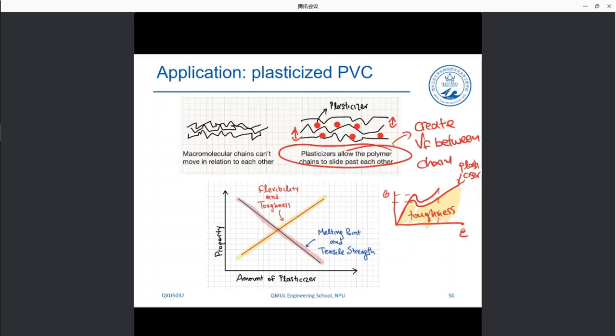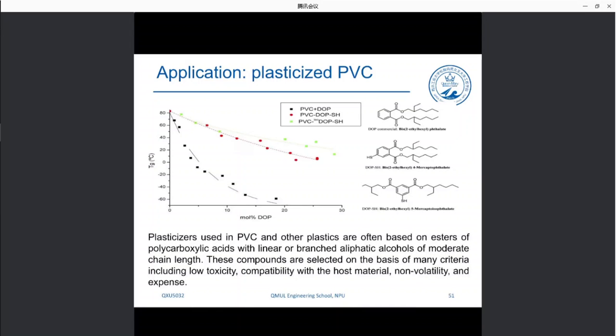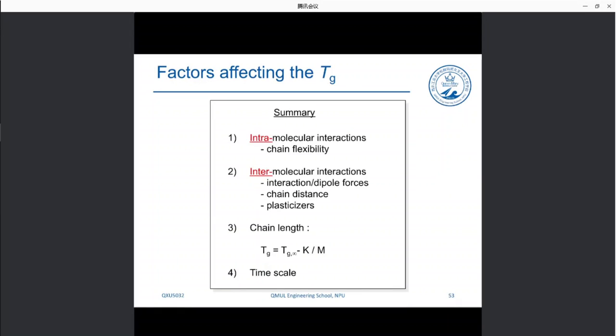So again, with the introduction of a plasticizer, we increase the flexibility, we increase the elongation of our material, and by increasing the flexibility, we increase the toughness of our material. However, with increasing amount of plasticizer, we decrease the melting point and the tensile strength as well. Yep, that's what we said.